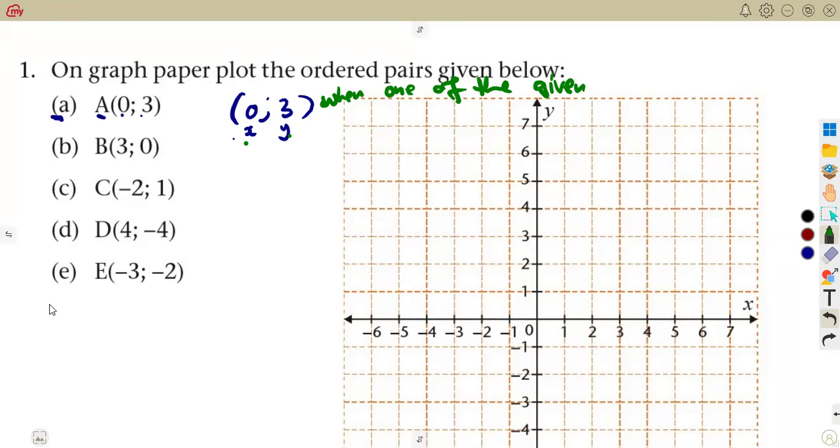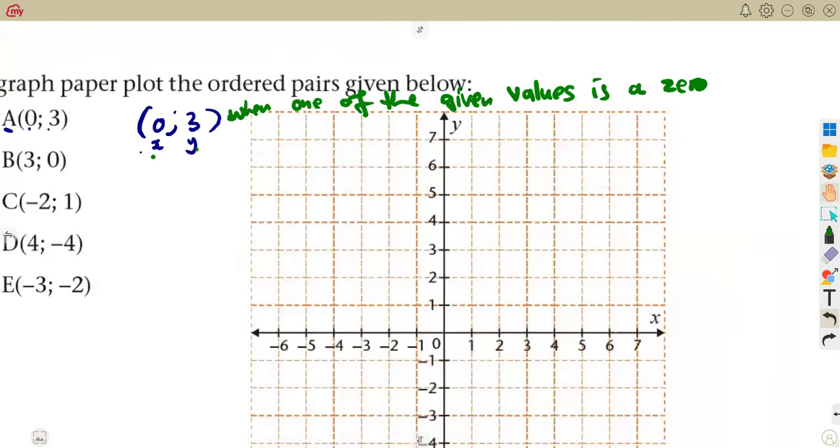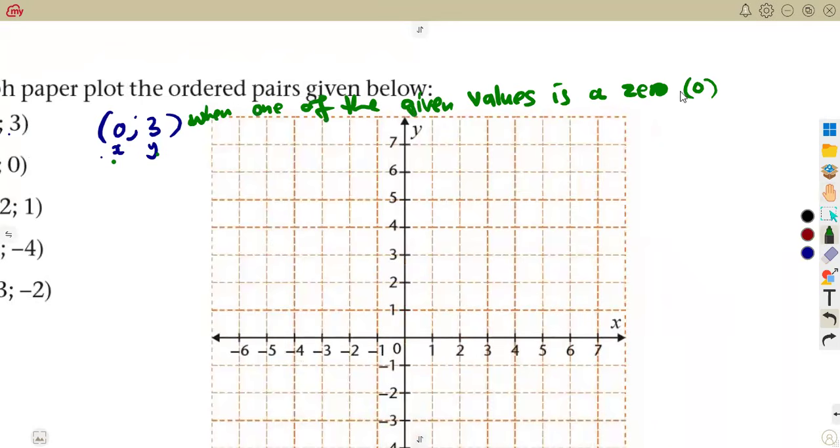If one of the given values is 0, mark the point on the one that is not 0, the one that is given there, since we do not have the value of x when it is like that.